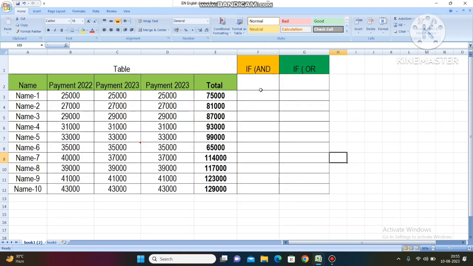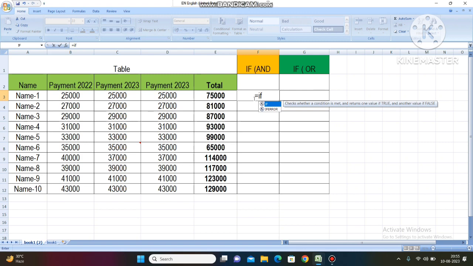So here we will first explain the IF and formula. Therefore you will have to put here equal to, and then IF, then you have to open a bracket. After that you have to write AND and then again open the bracket. As you open the bracket, you will see the logical one condition.